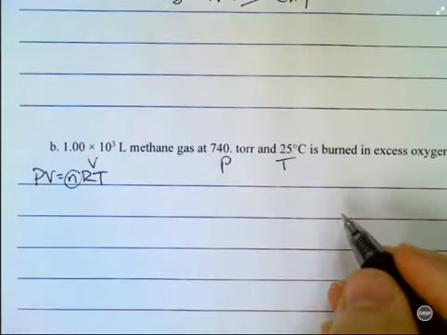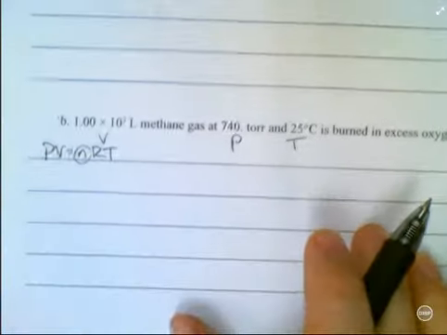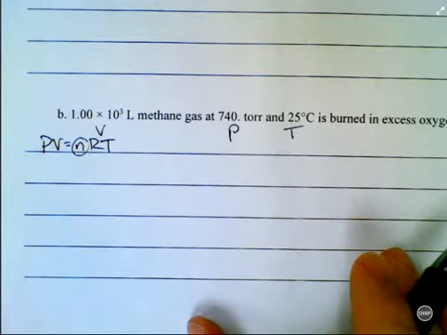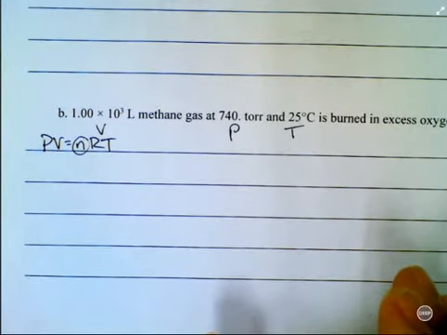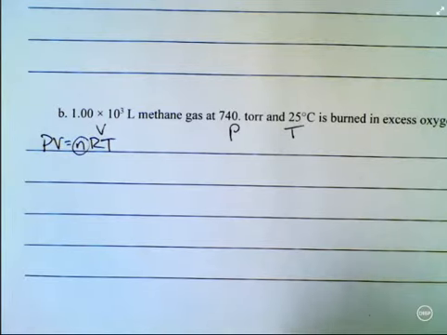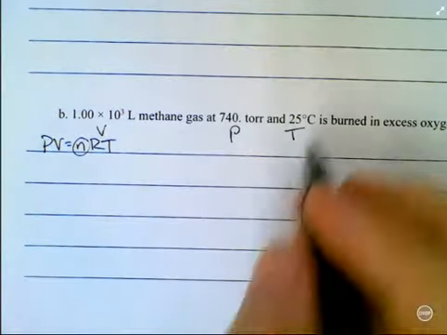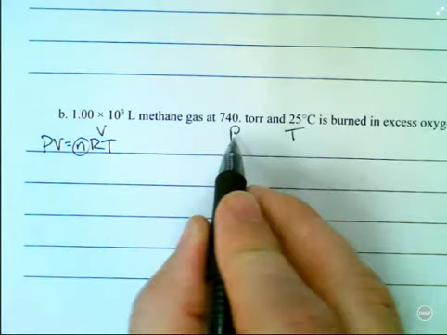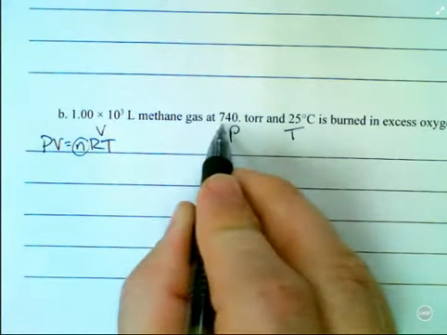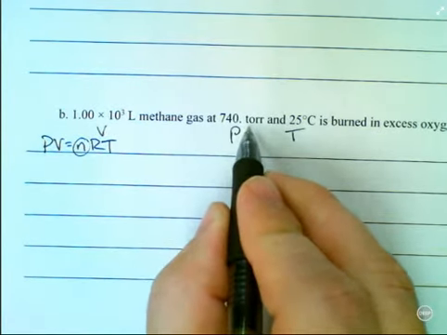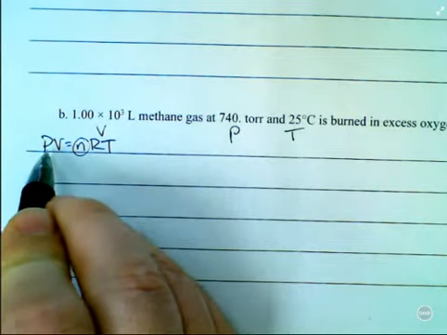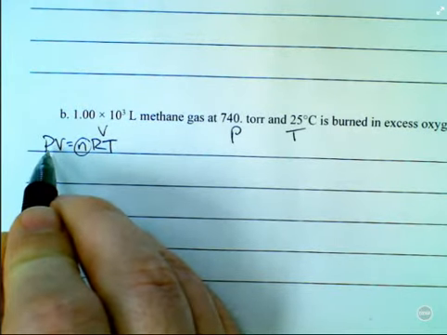And then I can use that molar value and the given enthalpy change per mole to calculate the enthalpy change of this reaction. Now I'm going to do that, but I would like to point out that this 740 torr is not the type of unit that I need to use here. In PV equals nRT, this P, this pressure, needs to be in atmospheres.